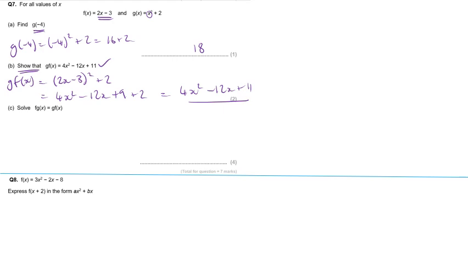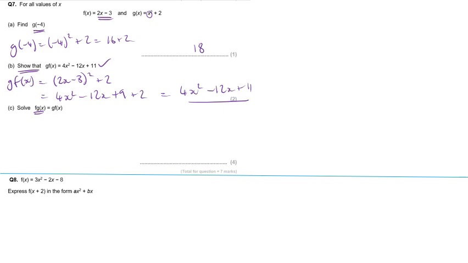The last part here is really similar to the compound problems we looked at on the other video. So we've seen that g of f of x is equal to this. So we just need to work out what f of g of x is, and then we can use them to set up an equation and solve them.